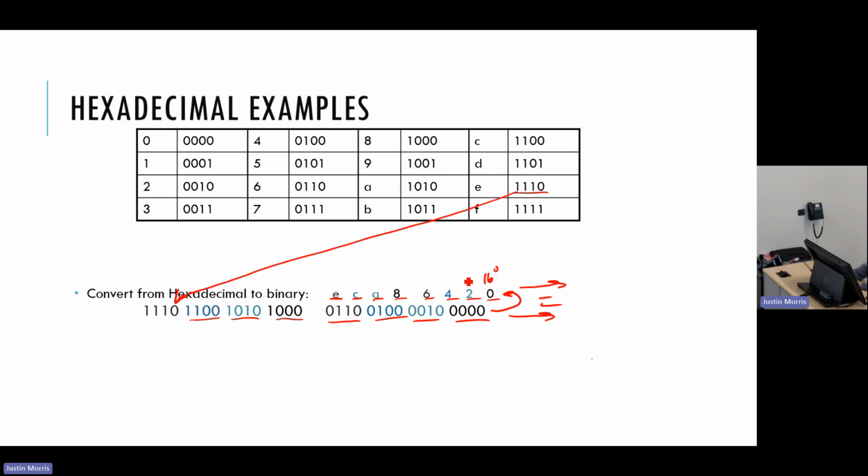This is 16 to the 0, 16 to the 1, 16 to the 2, 16 to the 3, 4, 5, 6, 7. So it's the same process. But now it's 16 to the 7 times 14 is the first component of this number. So it is a very large number, right? But for those of you new to this, is this okay? Okay.